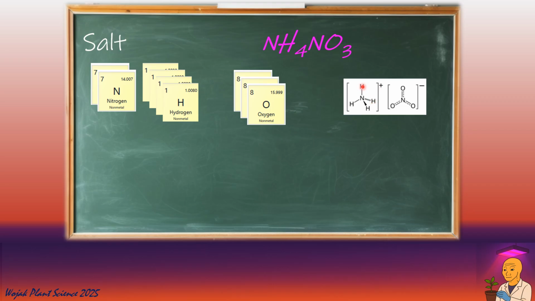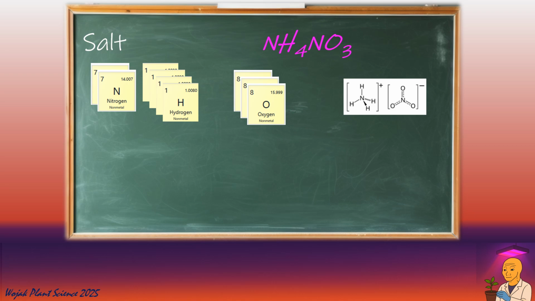And a hydrogen atom with a positive charge is only a proton. Because hydrogen has 1 proton plus 1 electron. And if the electron is missing, it is H plus, basically a proton, and that reacts with ammonia to ammonium, and then it has a positive charge.